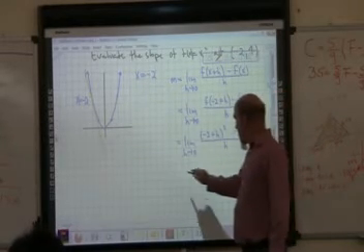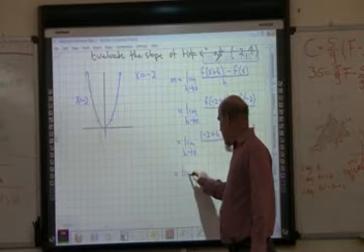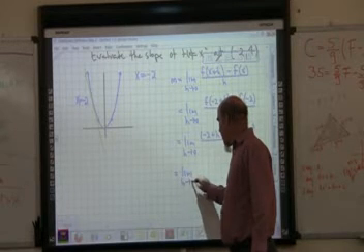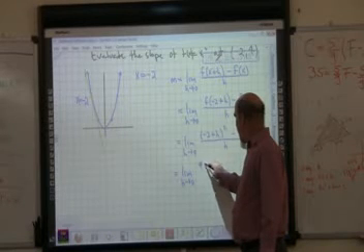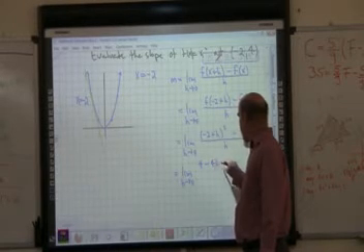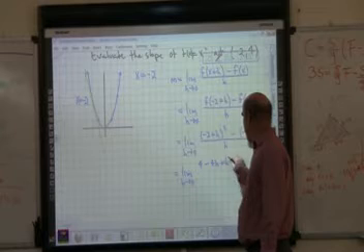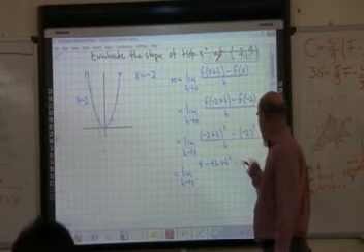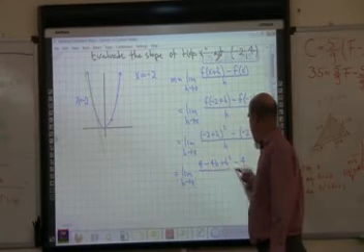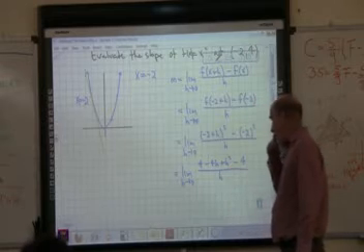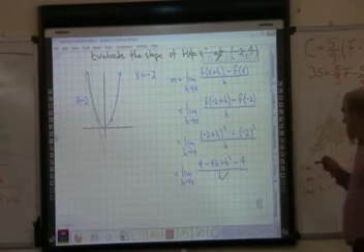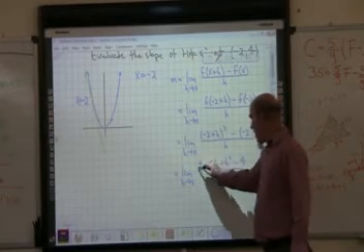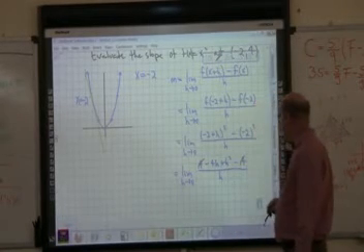So this becomes the limit as h approaches 0 of 4 minus 4h plus h squared minus 4 all over h. And I see that my 4 and 4 are going to cancel each other out.